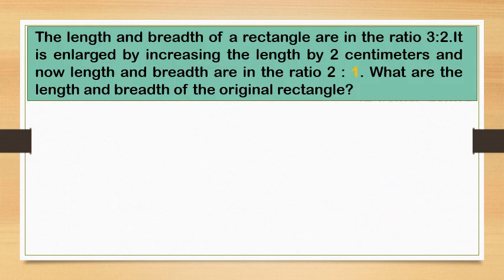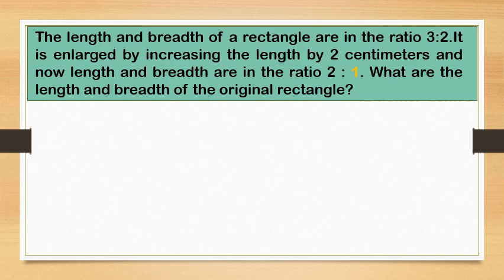The length and breadth of a rectangle are in the ratio 3:2. It is enlarged by increasing the length by 2 cm and now length and breadth are in the ratio 2:1. What are the length and breadth of the original rectangle?